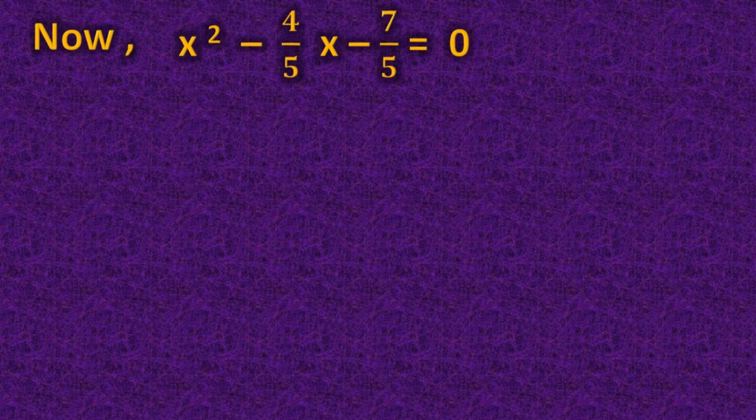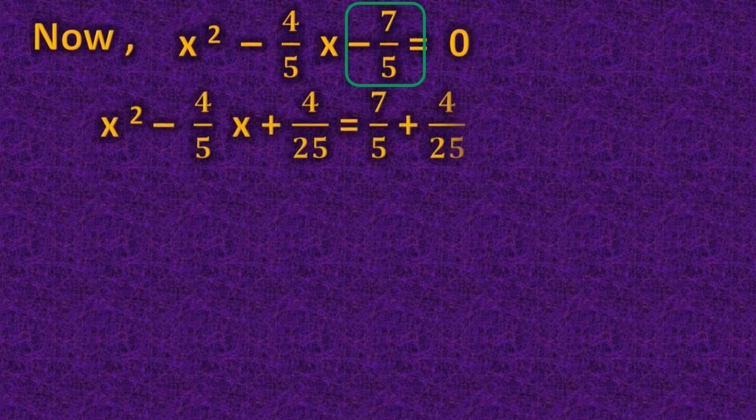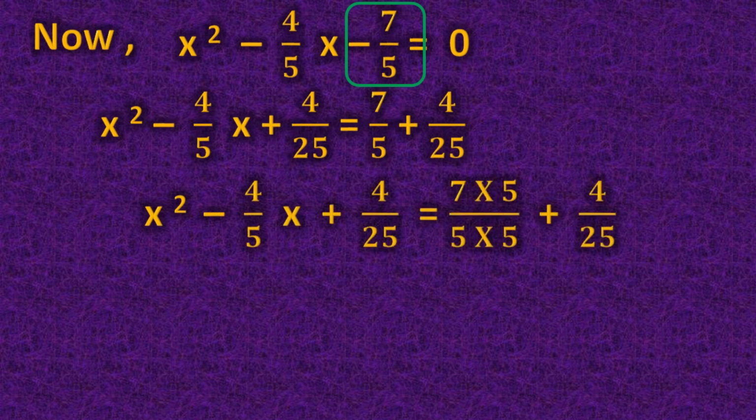Now this k value we will substitute in the original question. So we are considering the original question. The original question is x square minus 4 upon 5 x minus 7 upon 5 is equal to 0. On both sides we added 4 upon 25. Now check, this side 4 upon 25 and that side also 4 upon 25 is added.